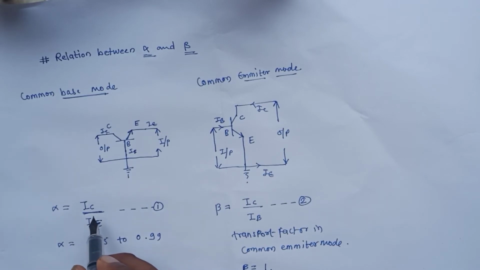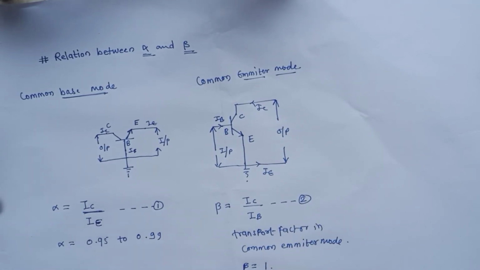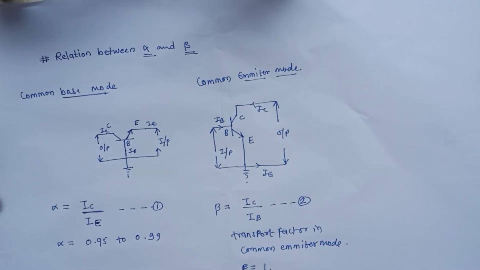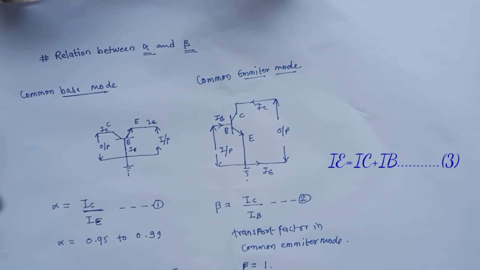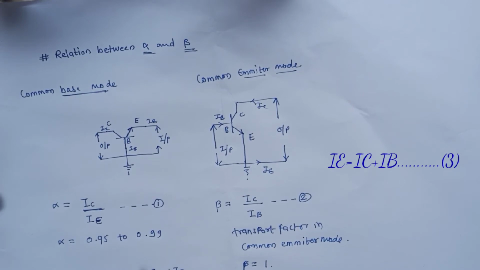So you have equation number 1, you have equation number 2, and one more equation number 3, which is IE equals IC plus IB. That is, the emitter current is equal to the collector current plus base current. So this is the total current flowing through the transistor.